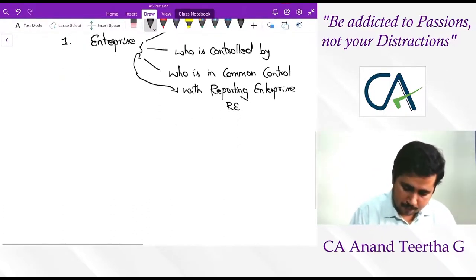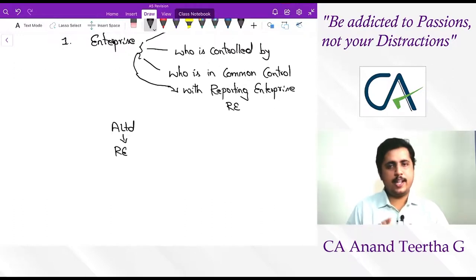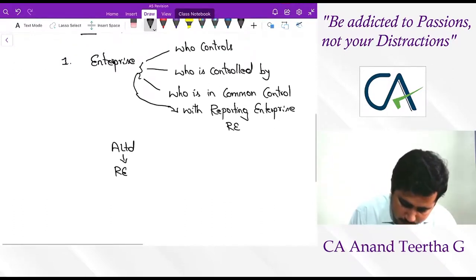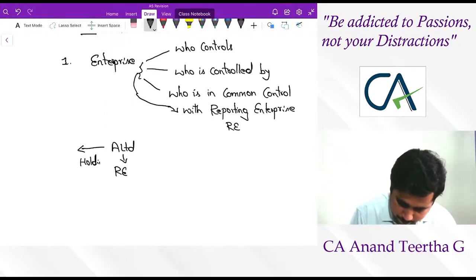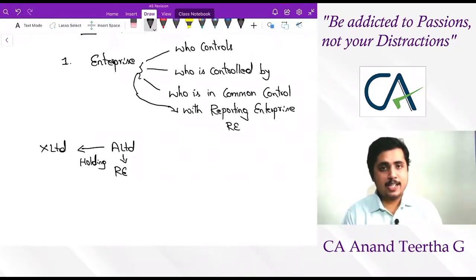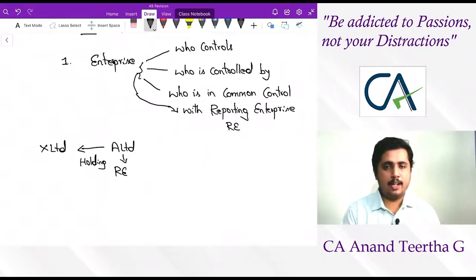Example, there is A Limited. Let's keep A Limited as our reporting enterprise. Okay. There is one holding company to this. Say call that X Limited. So what is happening? There is X Limited. There is an enterprise who is controlling A Limited, reporting enterprise.